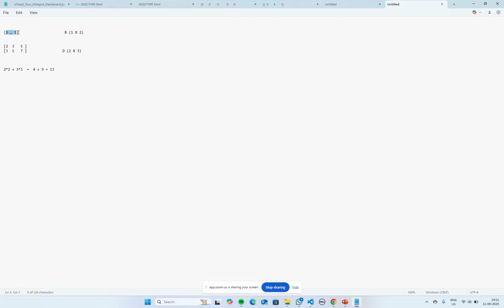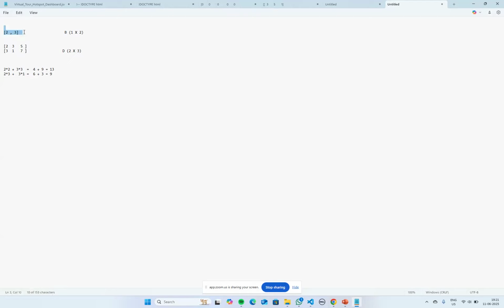We have 2 and 3 multiplied with 3 and 1. 2 into 3 plus 3 into 1. So that is equal to 6 plus 3, which is 9.